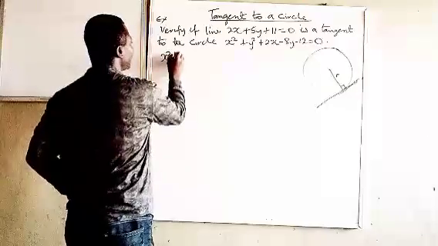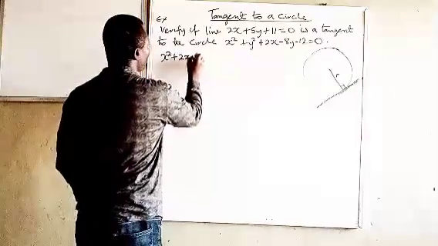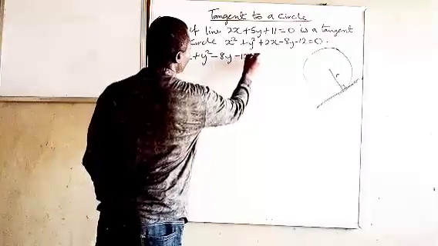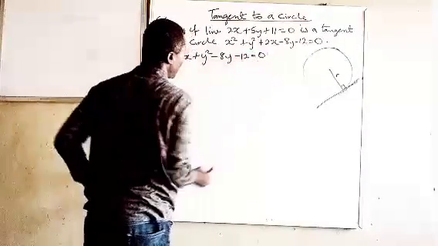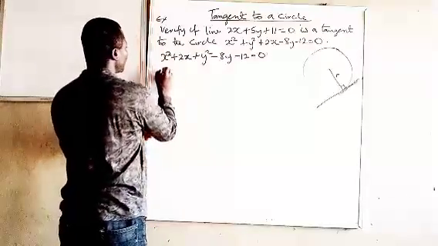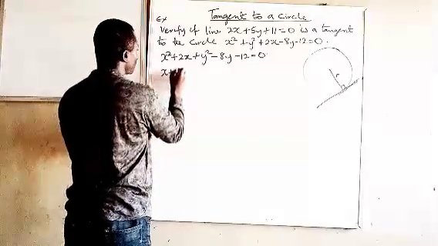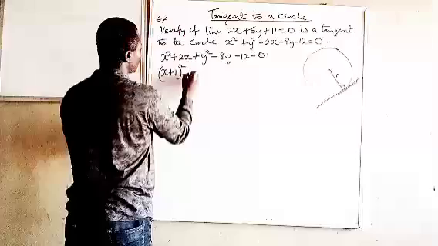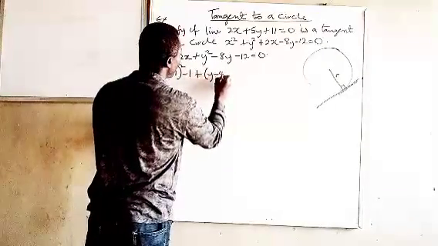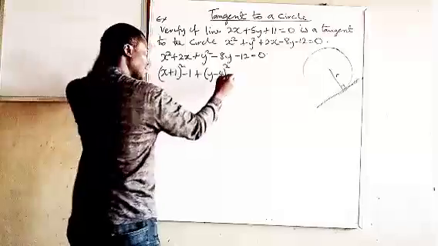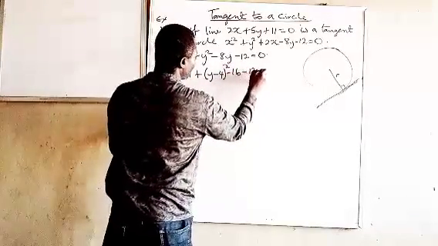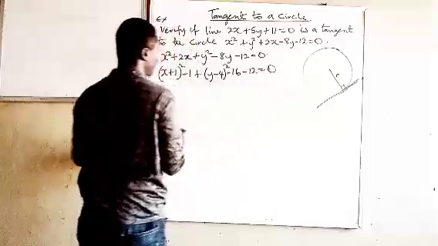So we do that by saying x squared plus 2x plus y squared minus 8y minus 12 equals 0. Okay, so computing this one gives me (x plus 1) squared minus 1 plus (y minus 4) squared minus 16 minus 12 equals 0.